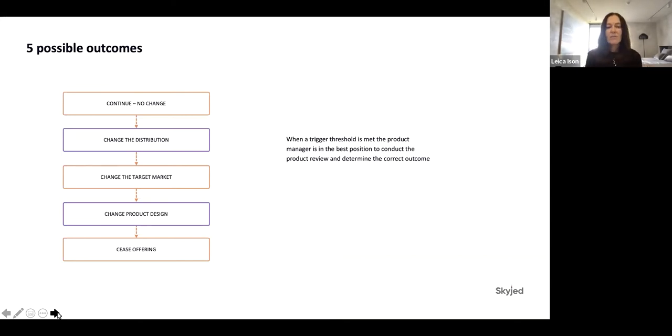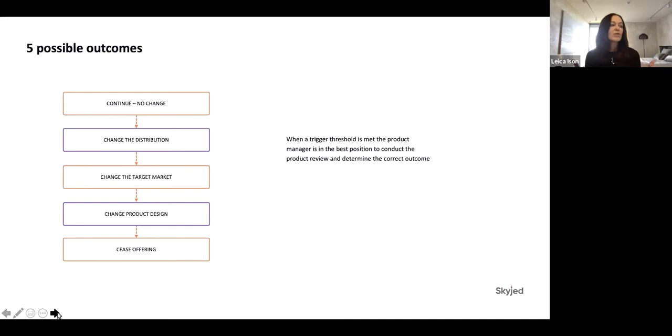The other thing we're seeing, and it's really worth keeping at the back of your mind as a product leader, as we're going through our DDO requirements, we're setting those target markets. When we hit those review triggers, as product leaders, we have to make one of 5 decisions around our product.